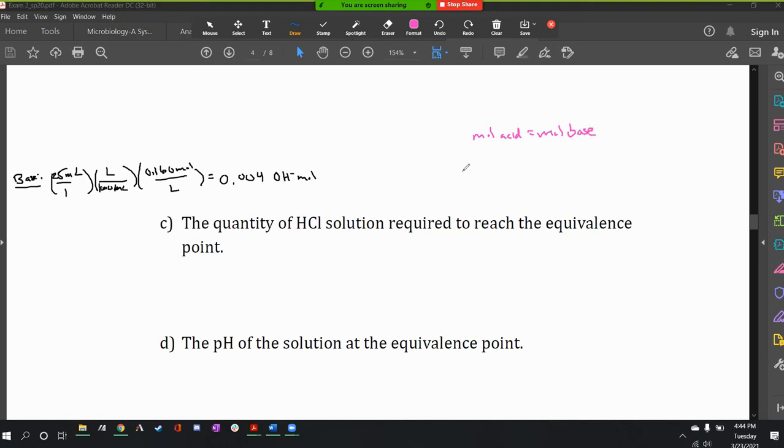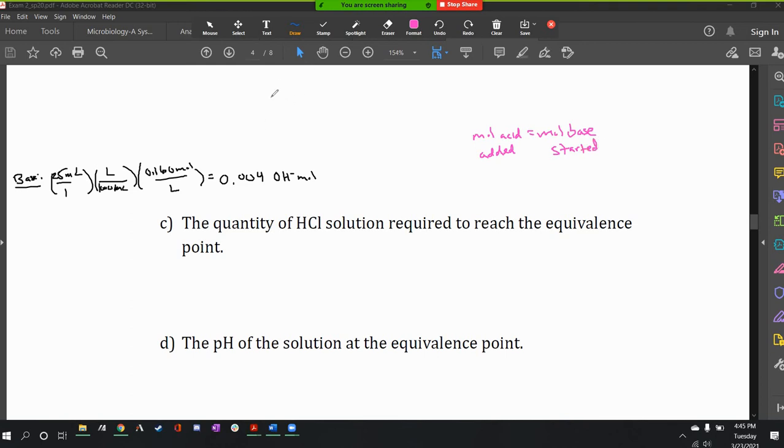We're talking about moles, not concentration equals concentration, but moles equals moles. I should clarify, in this case, since we're adding acid to base during our titration, the moles of acid added during the titration are equal to the moles of base that we started with.